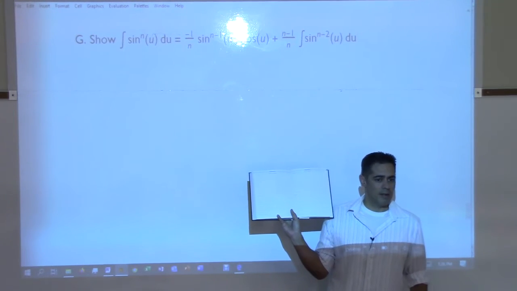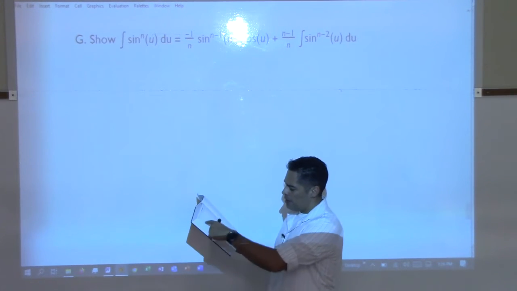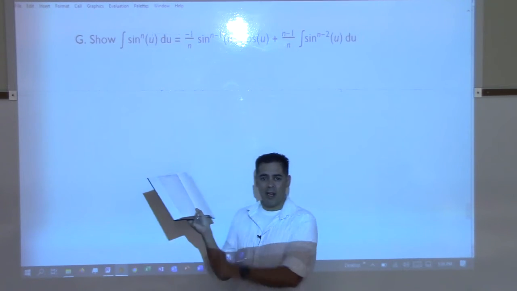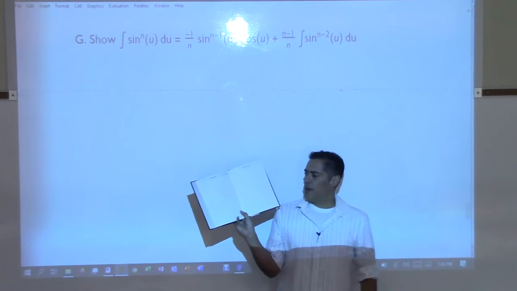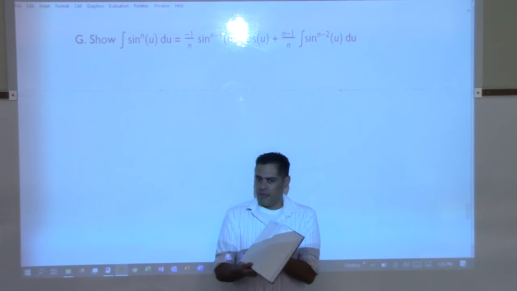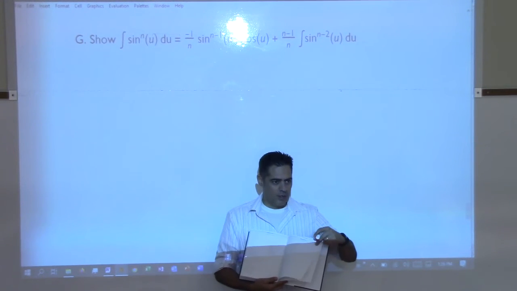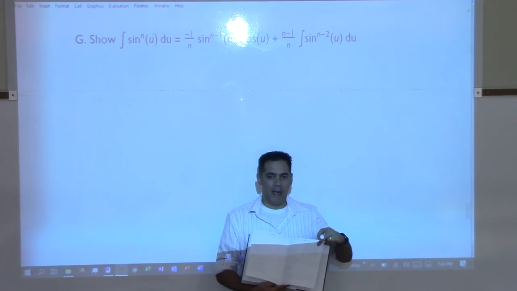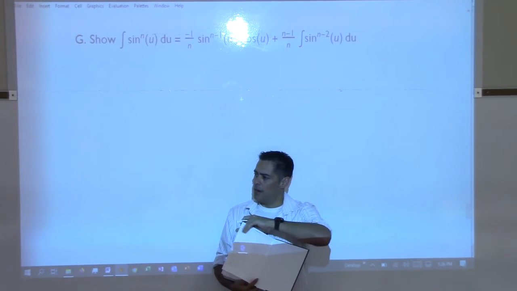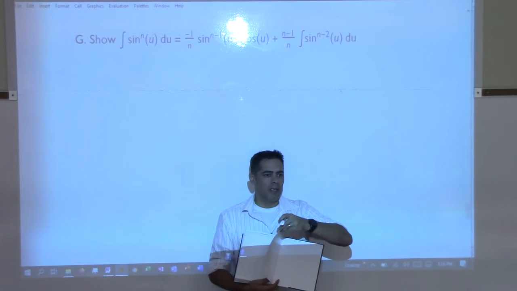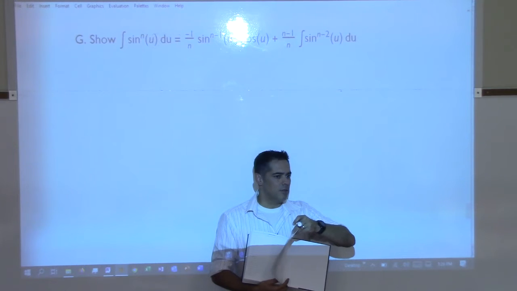It goes all the way through 29. There are 29 formulas on here. But if you have the original book, there are another couple of pages of formulas, and I don't give you those, so you're not allowed to use those.